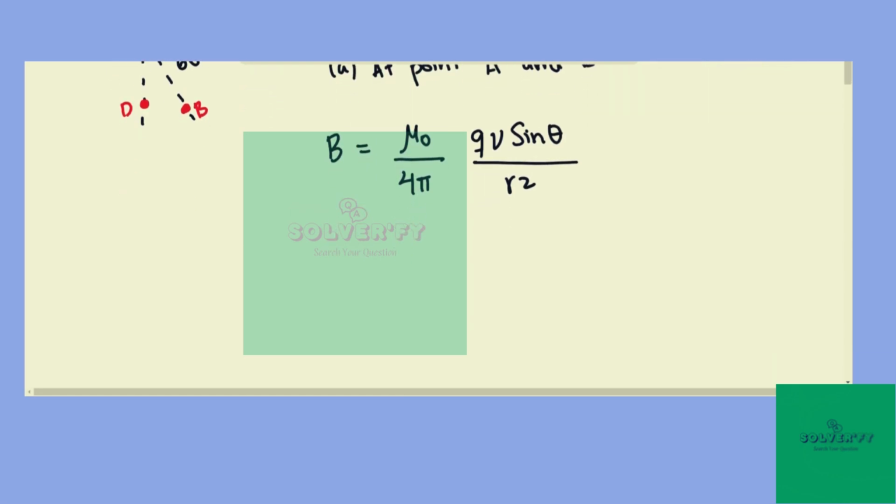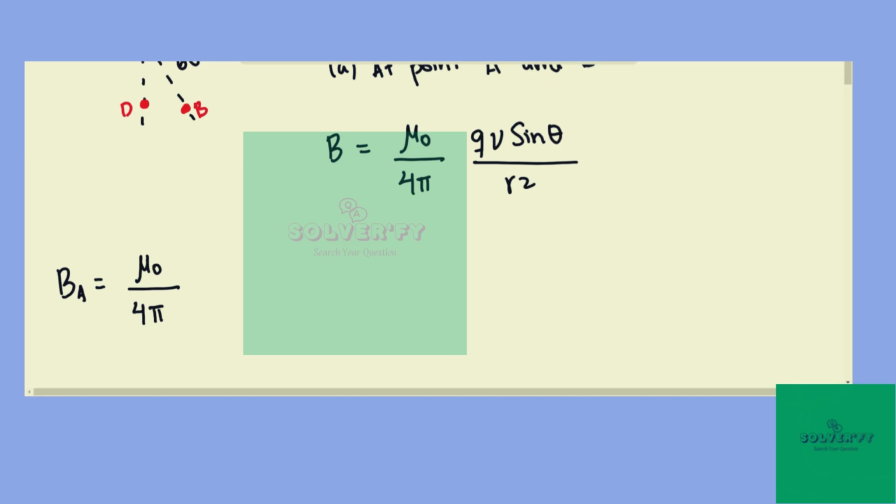So first we are going to obtain the magnitude. In this case for A, it is mu, the permeability of free space, over 4 pi.